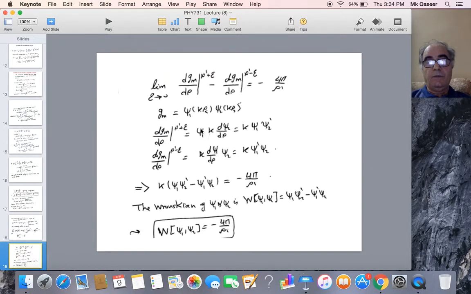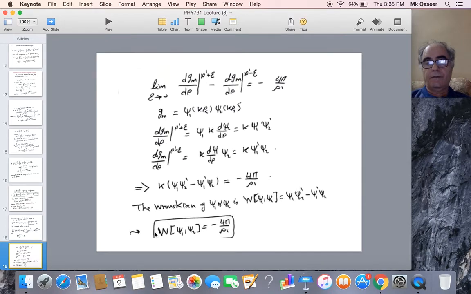Now, using this expression for G_m, we finally reach this expression, psi1 psi2 prime minus psi1 prime psi2, times this k, equals this term, which is minus 4 pi over rho prime. This is the Wronskian, actually. It appears here. So the Wronskian is minus 4 pi over k rho prime.